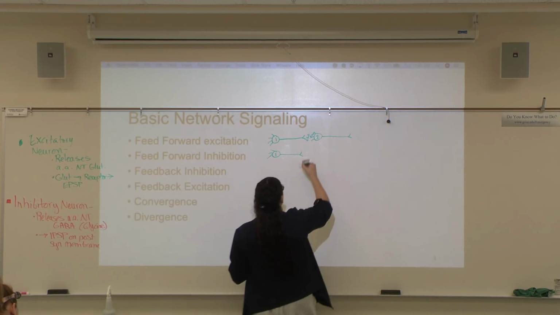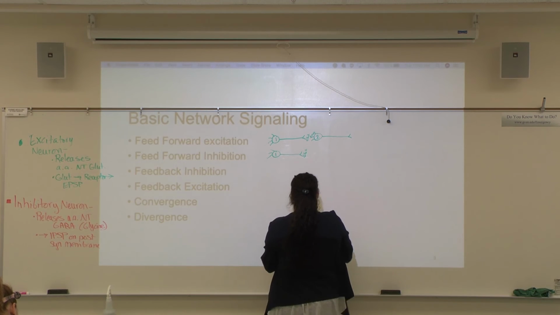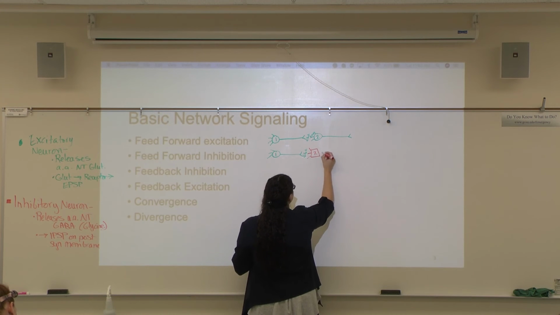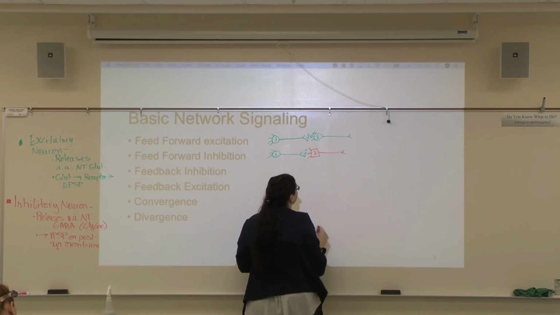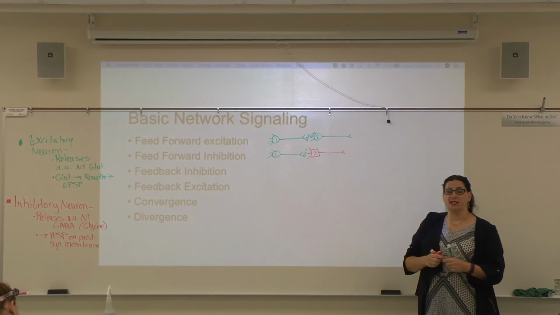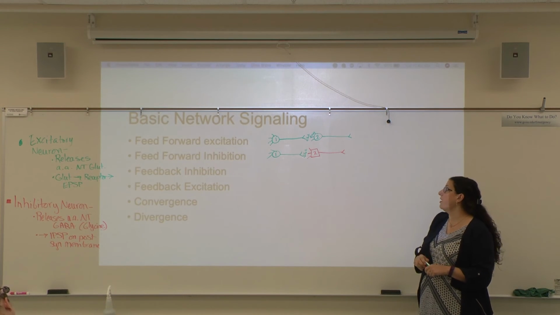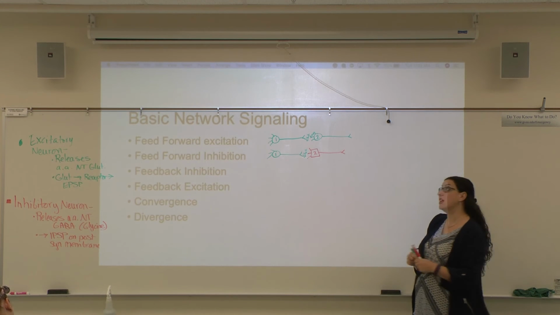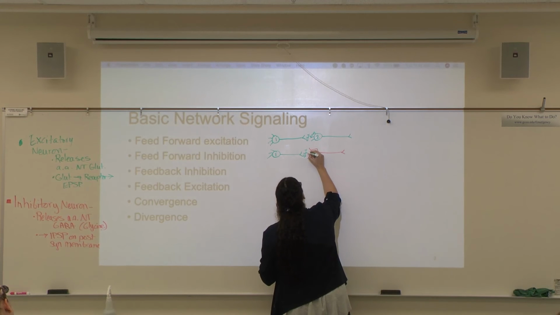Glutamate. Okay. Now we have our inhibitory neuron, cell 2, which is a square. So if cell 1 fires an action potential and releases glutamate, what happens on the postsynaptic membrane at cell 2? An EPSP.